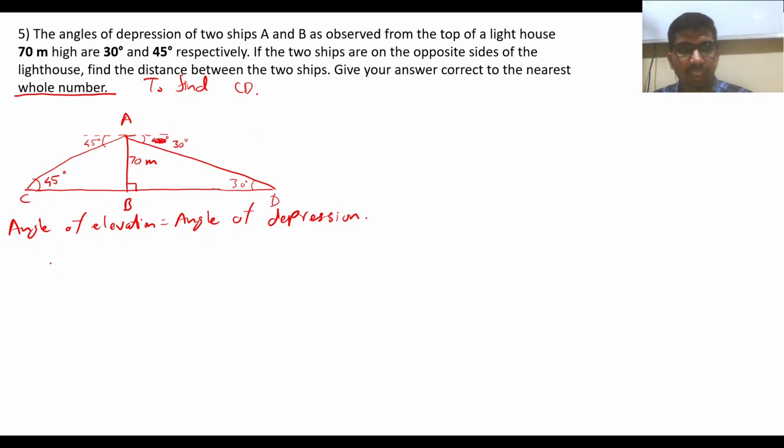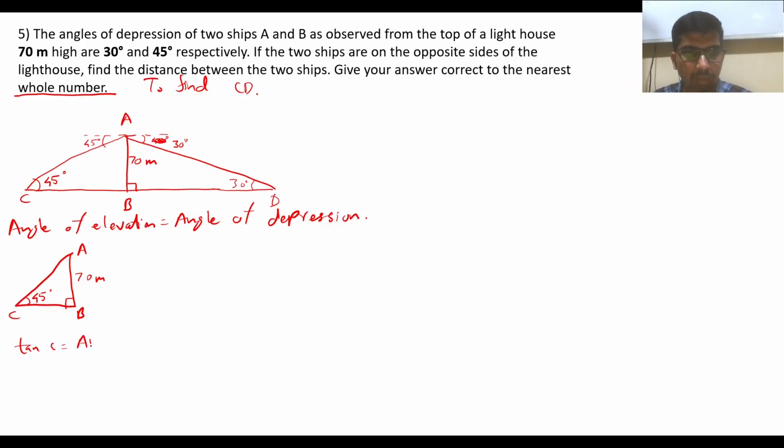ठीक है. We will take triangle ABC. Split the triangle. A, B and C is the triangle over here, and अपन करेंगे sort. 70 meters है इसका height. ठीक है. But we don't know BC, छोड़. But we know the angle of depression or elevation, which is 45-degree. ठीक है. Again, now apply tan C formula.